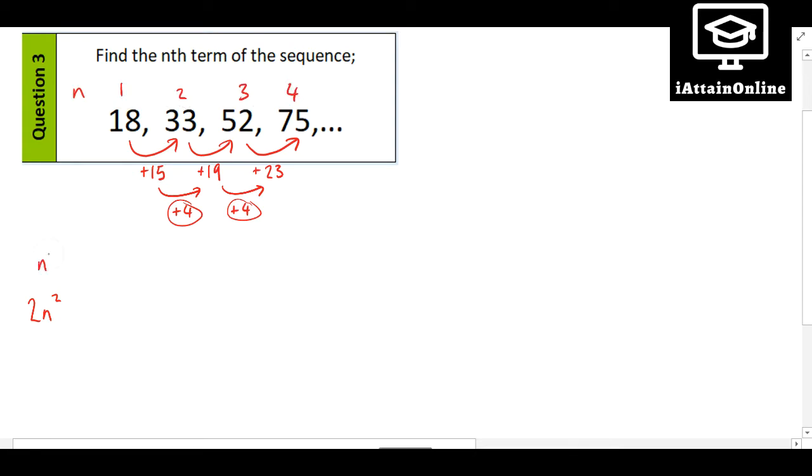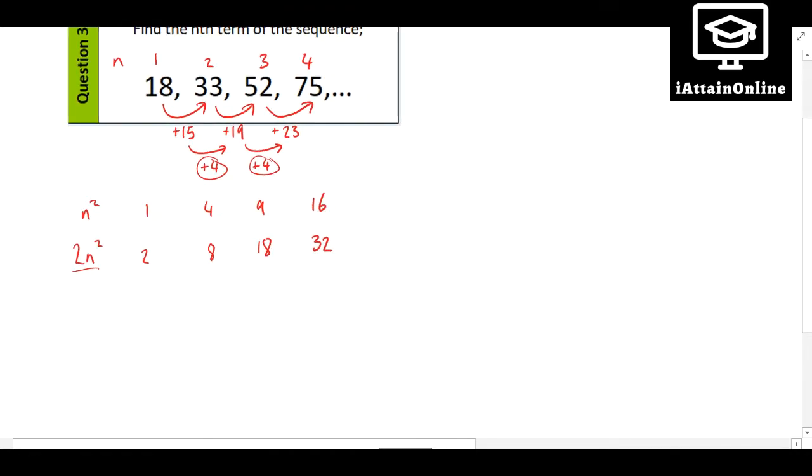So let's start by working out what n squared is. That's just the square numbers, 1, 4, 9 and 16. So 2 lots of n squared, 2 times whatever n squared is, would just be double that number.